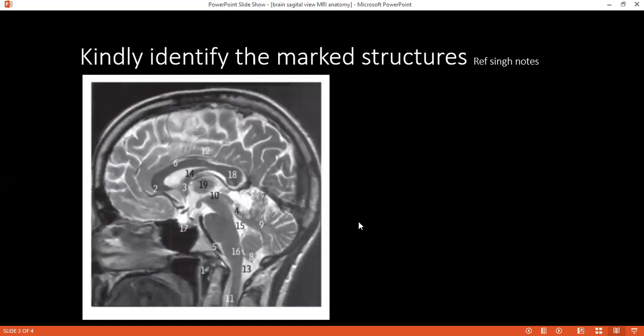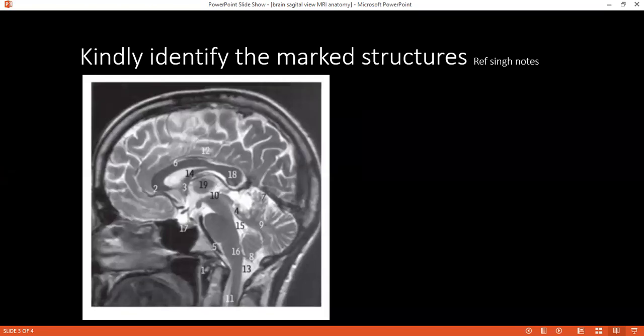Okay. If you can tell me, what are all the cisterns? The cisterna magna is the 13, the cerebellomedullary cistern. Yes. But if you can define cistern?